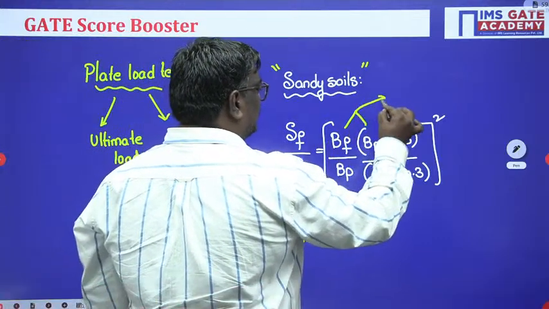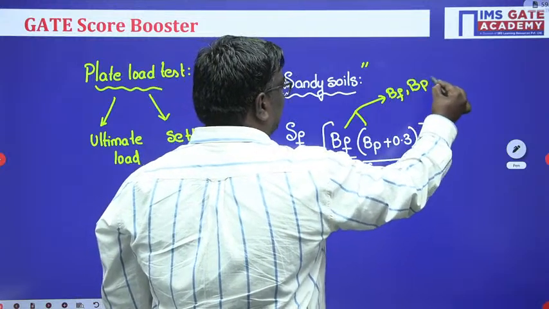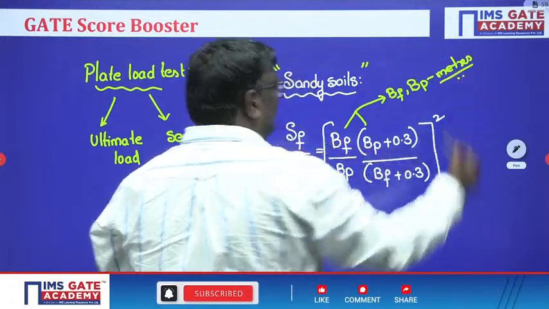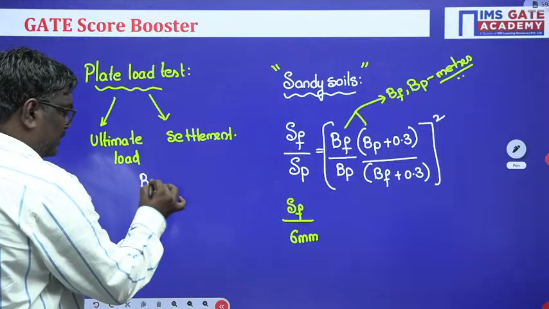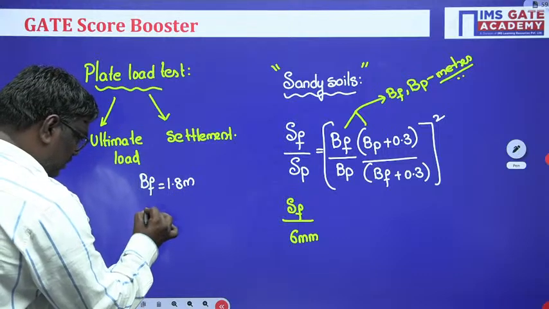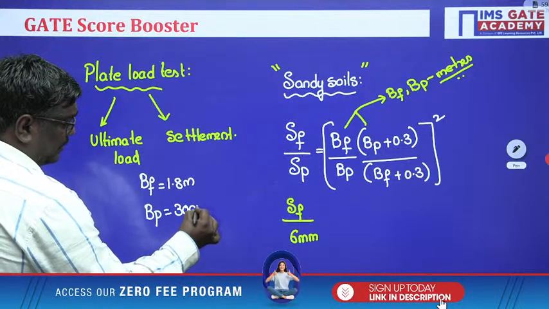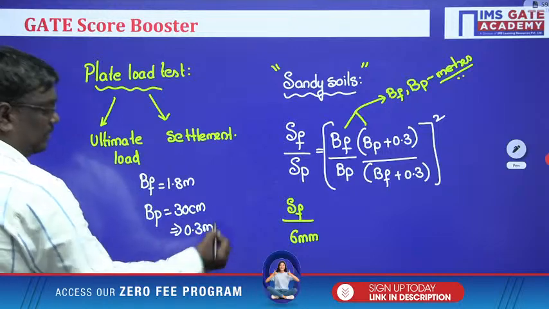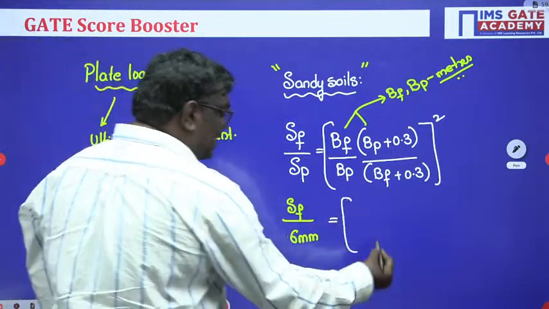So breadth of the foundation and breadth of the plate should be substituted in meters only when you are using this formula. Here breadth of the foundation is given as 1.8 meter because it is a square. Similarly, breadth of the plate is given as 30 centimeter, which you have to consider in meter, that is equal to 0.3 meter.